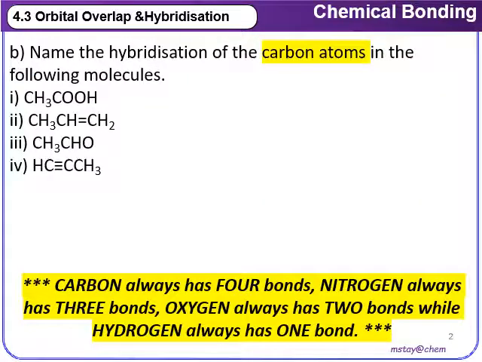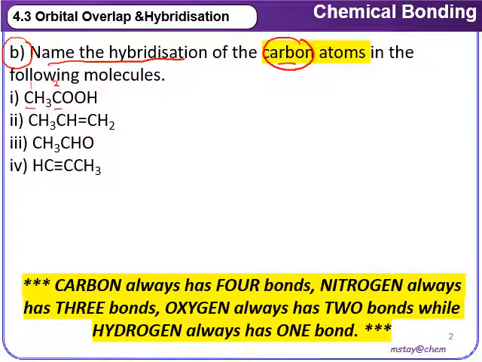Proceed to tutorial question number 2b. Name the type of hybridization of the carbon. In this question, they are very specific. They want carbon, so for example, CH3COOH. We need to know the type of hybridization for this carbon 1 and also this carbon 2.